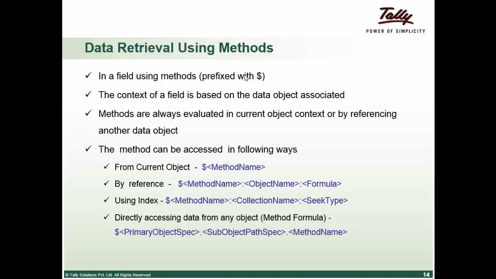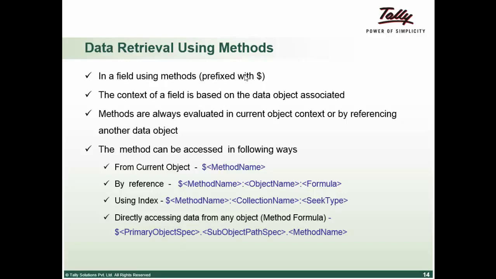The method can be accessed in the following ways. One, if it is from the current object, all you have to do is use a dollar sign and provide the method name.